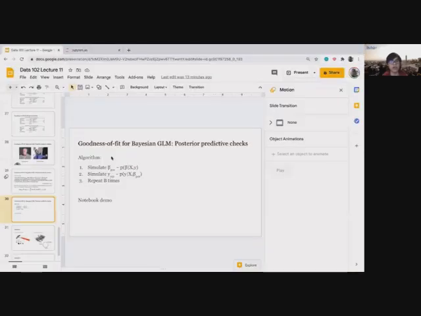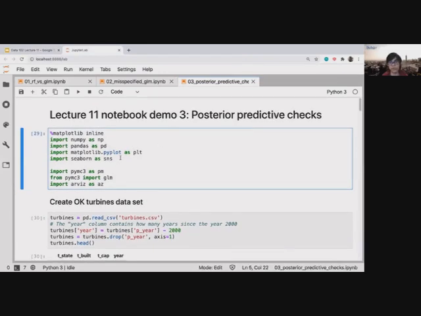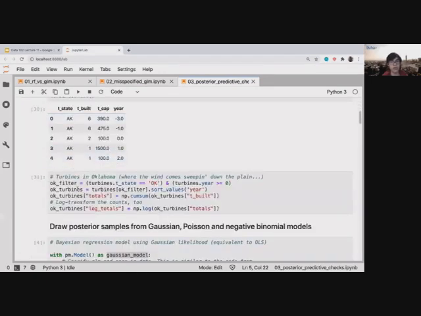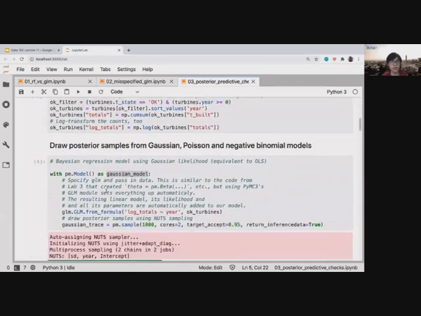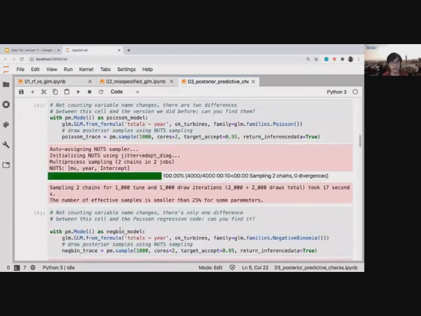Now let's go to a notebook demo. In this demo, we're going to go back to look at the Oklahoma turbines data set that we are pretty familiar with at this point. Here, we've fitted the PyMC3 model for the Gaussian model, the Poisson model, and the negative binomial model.